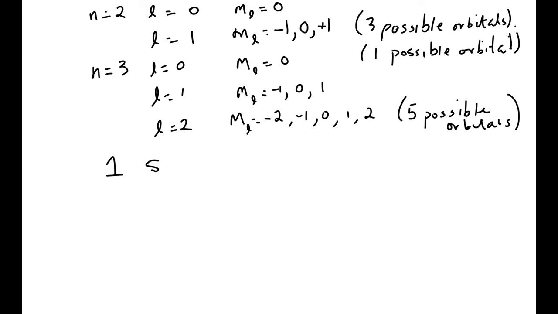So that's telling you that on any energy level, you will have only 1 s orbital. You will have 3 actual p orbitals, and you will have 5 d orbitals. If you have p orbitals on your energy level, so this is the second energy level or higher, you've got 3 possible p orbitals.